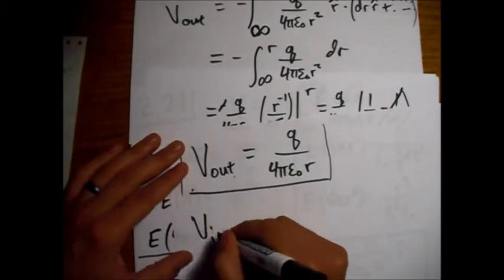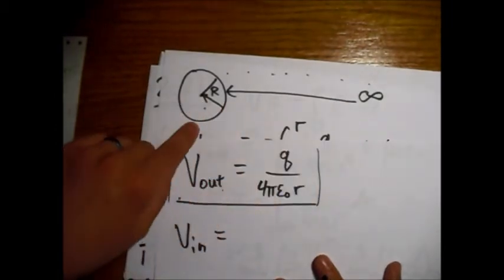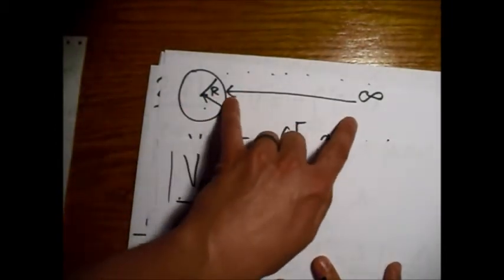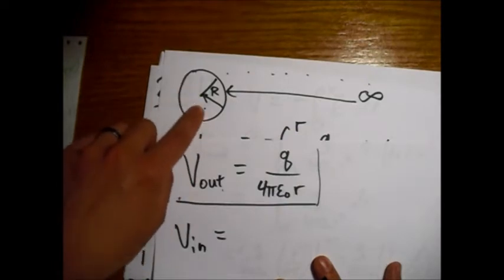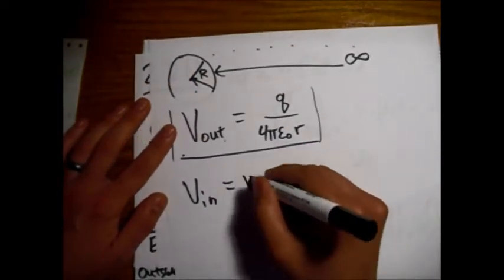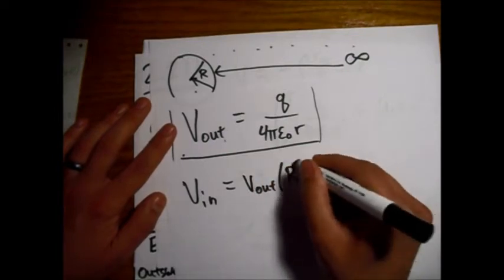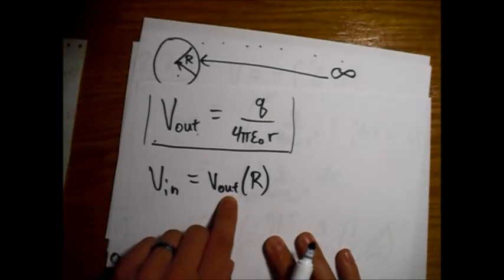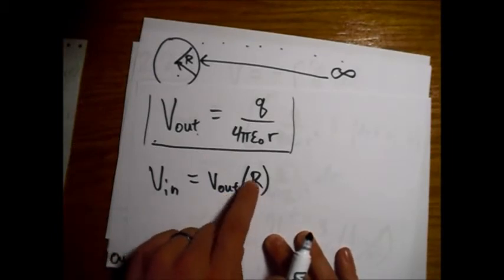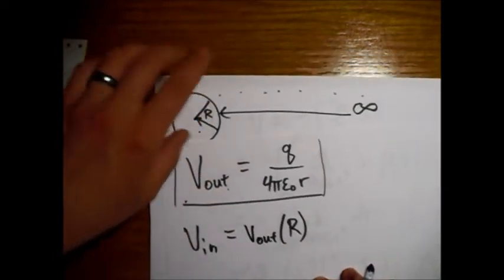All right, so again, our strategy here: we integrate to the surface, and then when we get inside, we'll be adding what we did out here plus what we do inside. So we'll have a term which is just the V out evaluated at the radius, right?